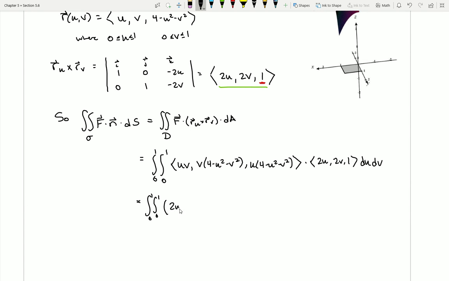So this is going to be 2u squared v plus, I'm going to get all of this times 2v. So this is going to be 2v squared, 4 minus u squared minus v squared. And then I'm going to get plus 1 times u, 4 minus u squared minus v squared.